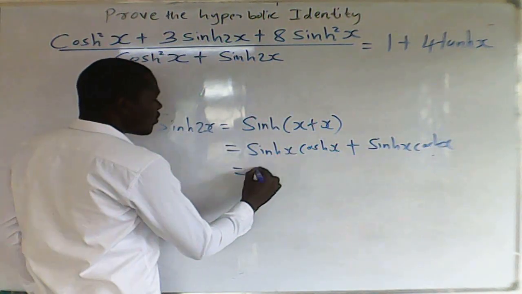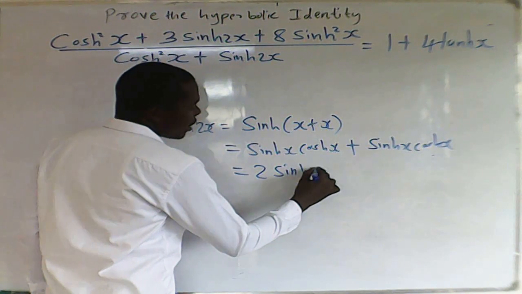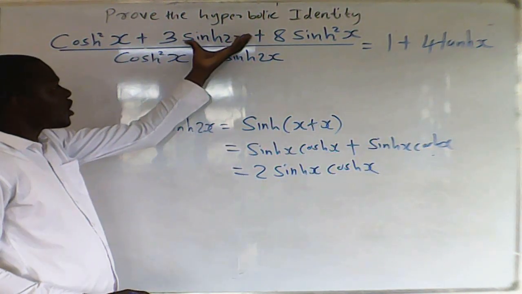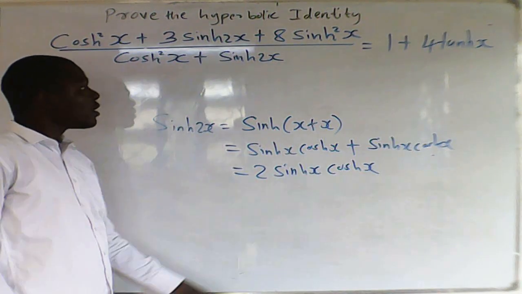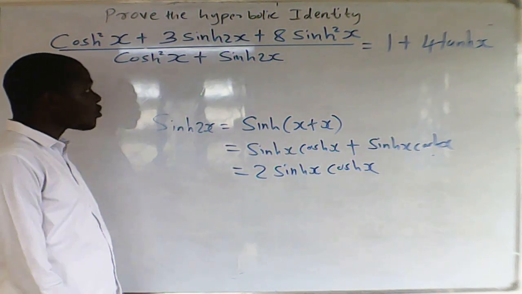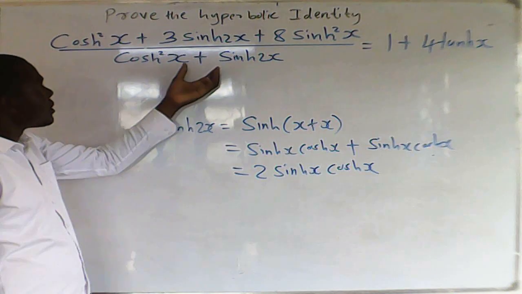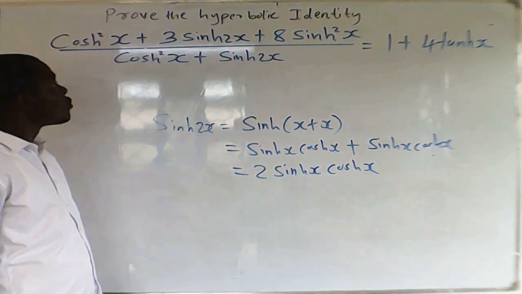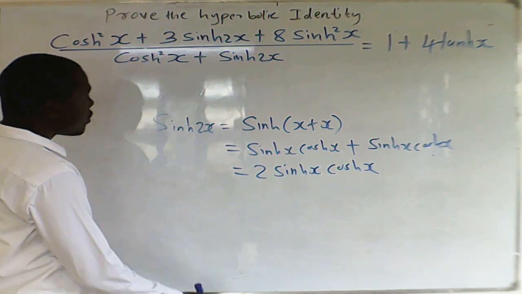So that means it is the same as 2 sinh x cos x. So when we have sinh 2x, we put 2 sinh x cos x. Same here, we substitute with that, can you substitute that?